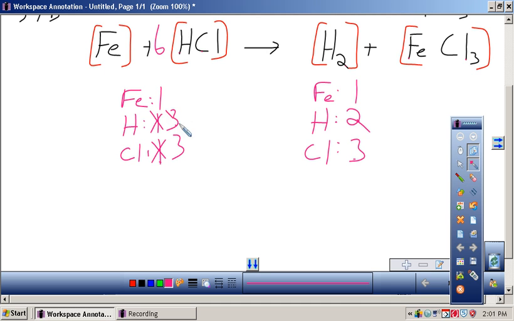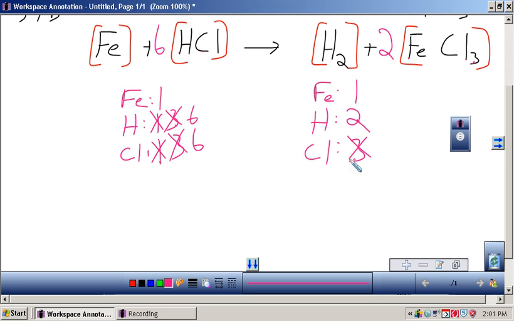Okay, so now I have 6 hydrogens, and I have 6 chlorines. Going back to my right side, if I have 6 chlorines, I need 6 on the left side. So if I double that, 2 times 3 is 6. 6 chlorines. And 2 times 1, now I have 2 irons.